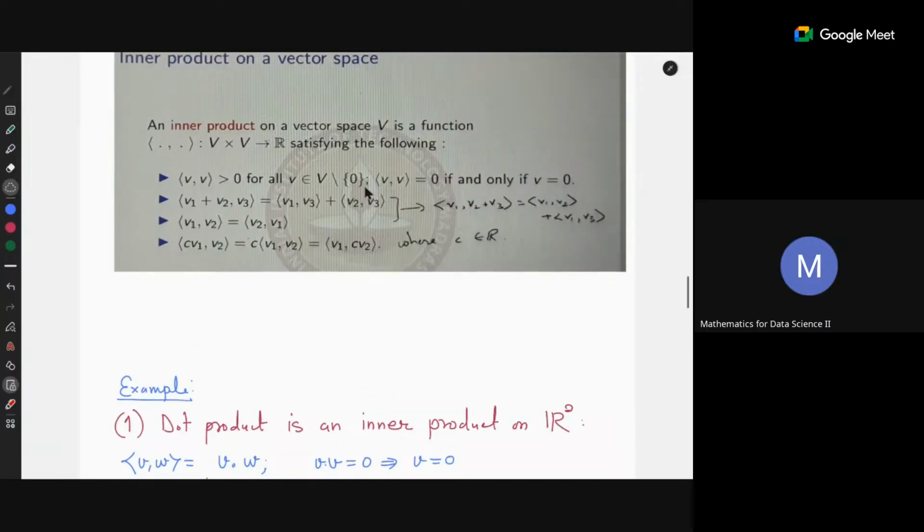Moreover, we say a vector space V with an inner product is called an inner product space.